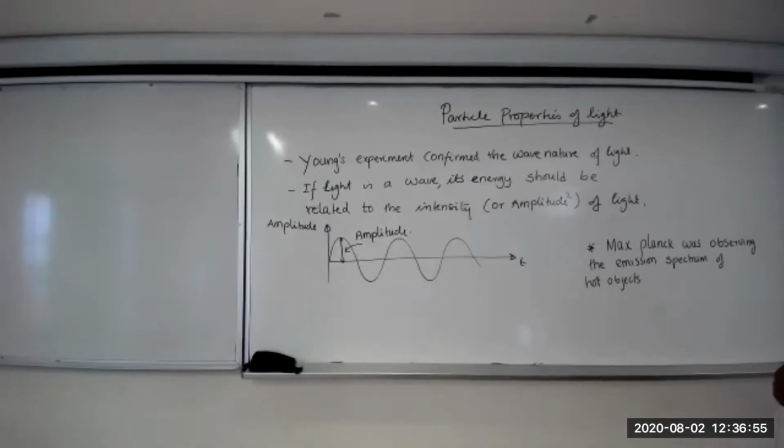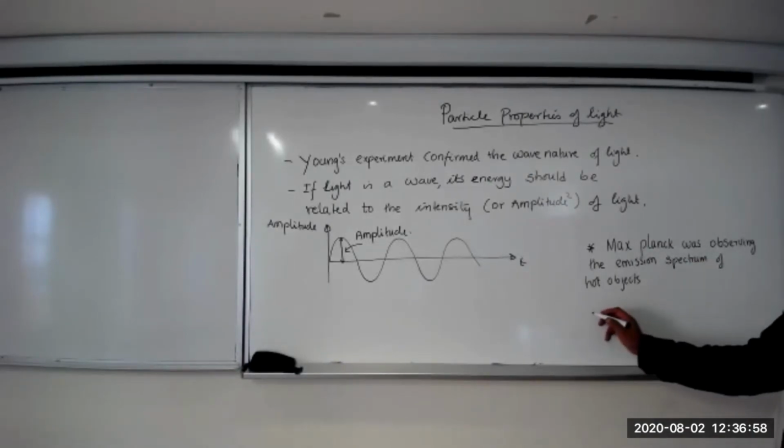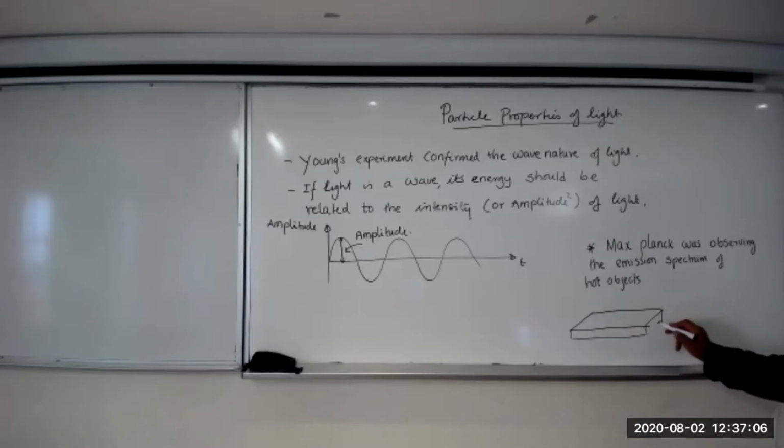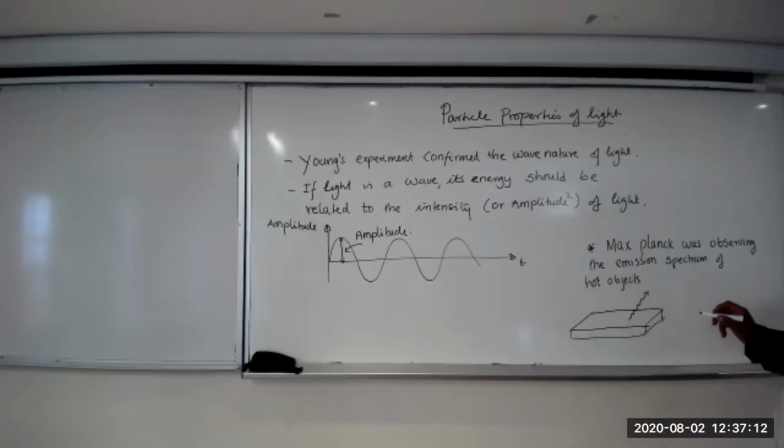When Planck looked at the spectrum of hot, red-hot objects, he saw that the light coming out was not continuous.